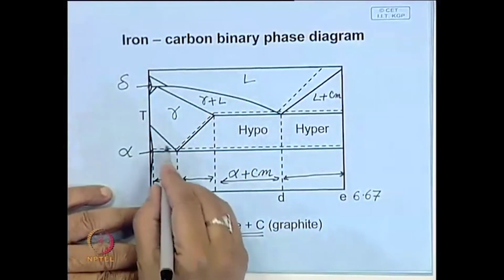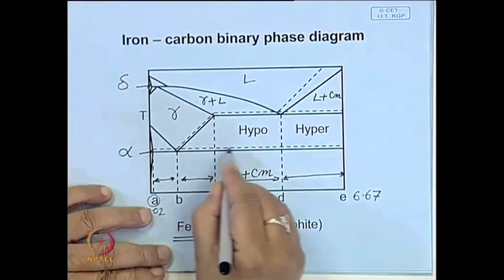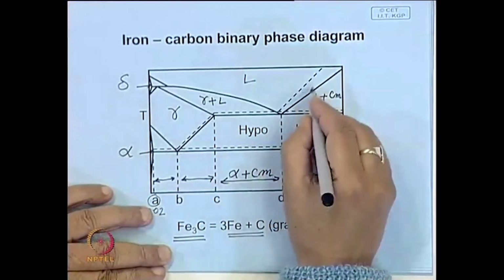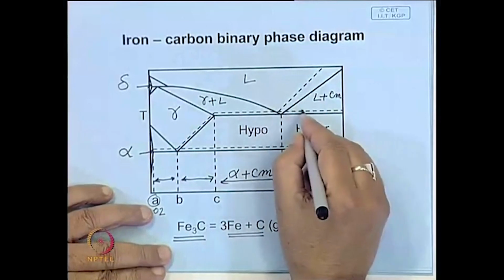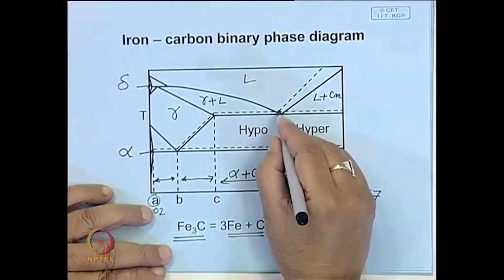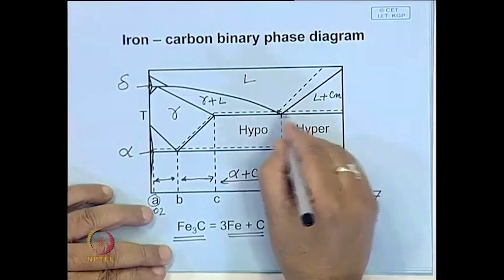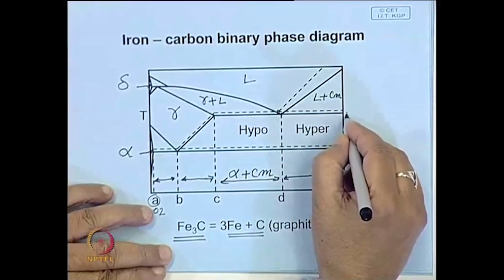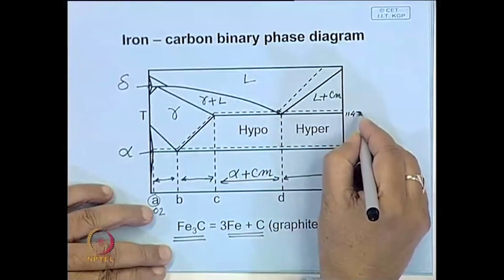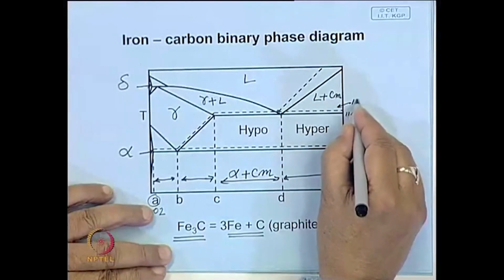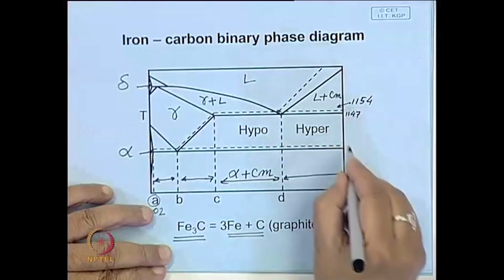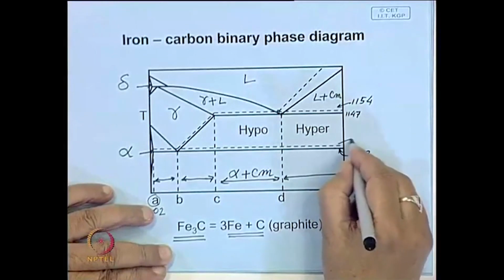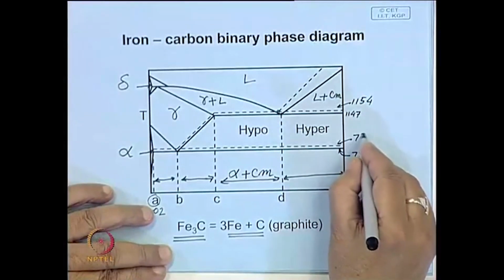And in this diagram we have certain lines. The dotted lines show the equilibrium lines. The eutectic temperature is slightly different, maybe 10 degrees higher than this. Say if it is 1147, this is 1154, this is 723, this is around 734.